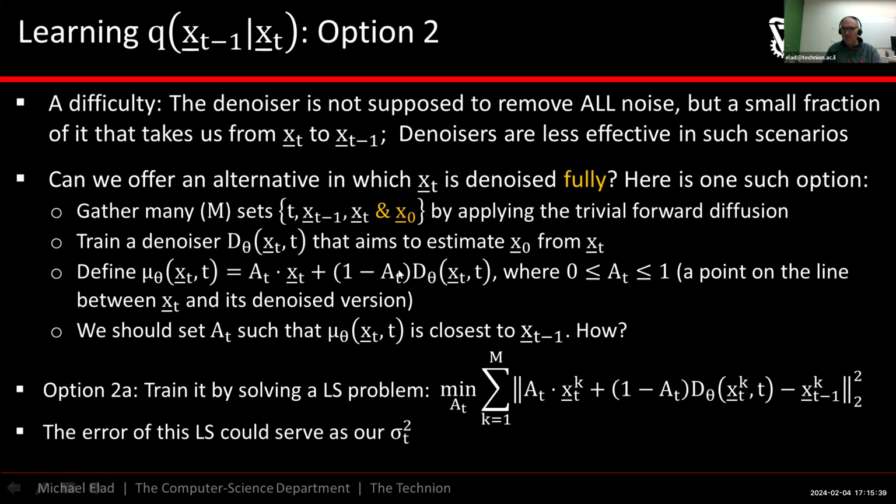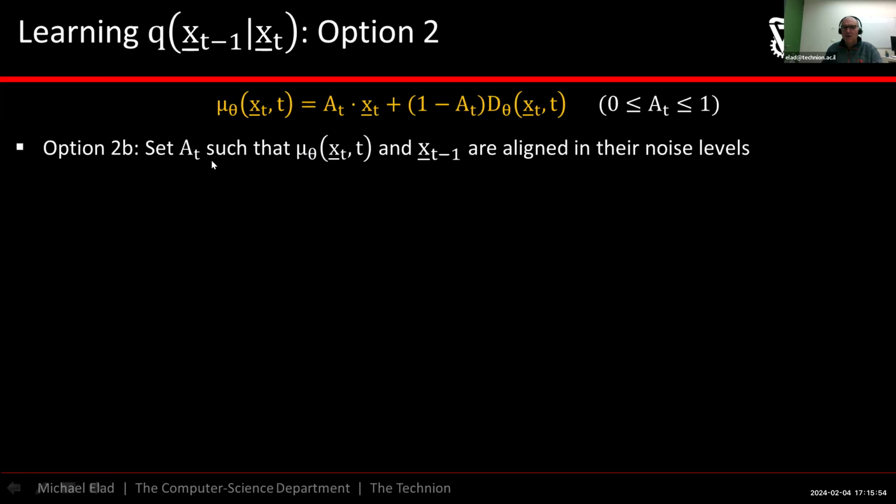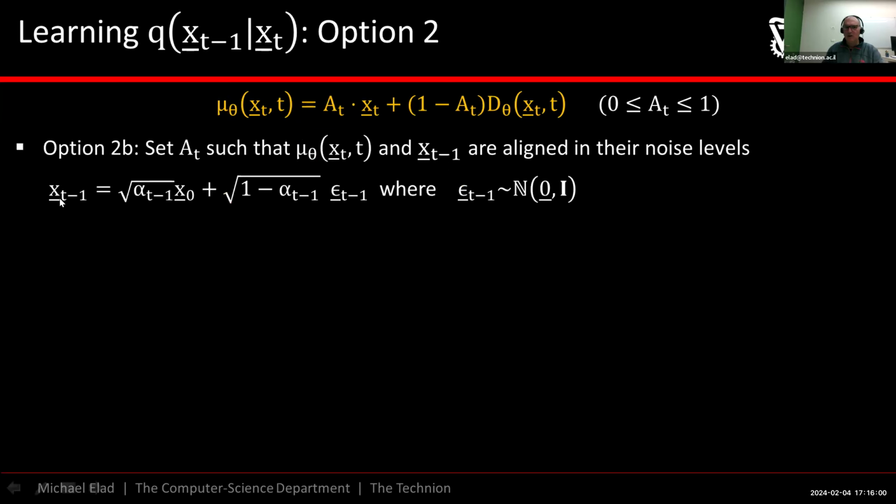Basically relying on the same formula, but doing something slightly more involved. Here it is. This is the formula, and it says the following. Let's try to fit the level of the noise in the denoiser here to the actual noise in xt minus 1. Remember, xt minus 1 is a combination of x0 and noise.